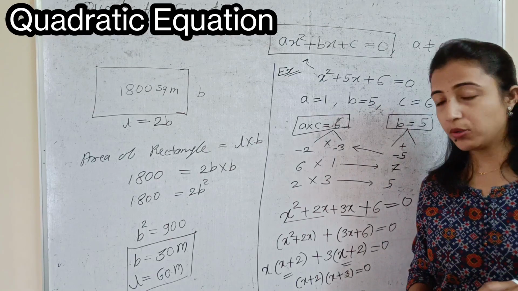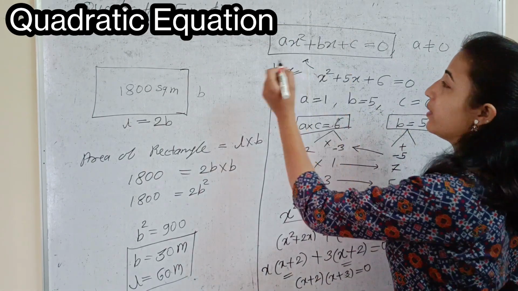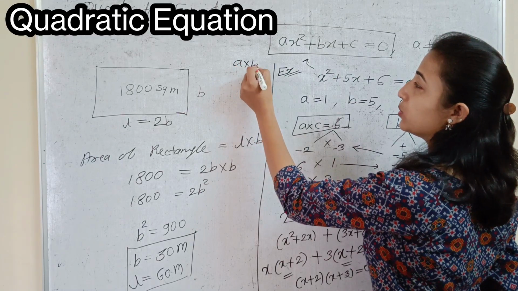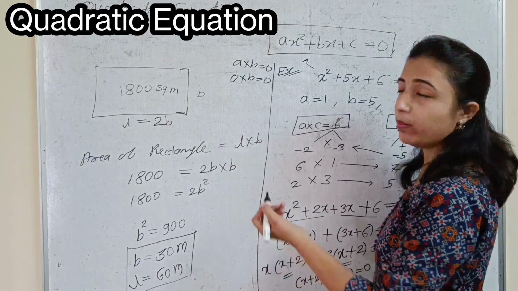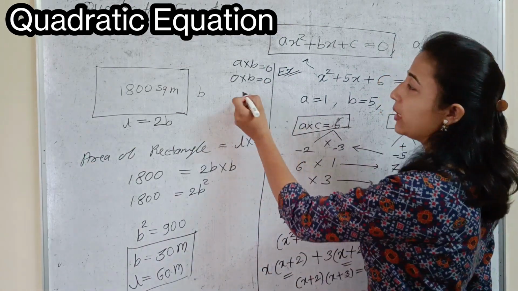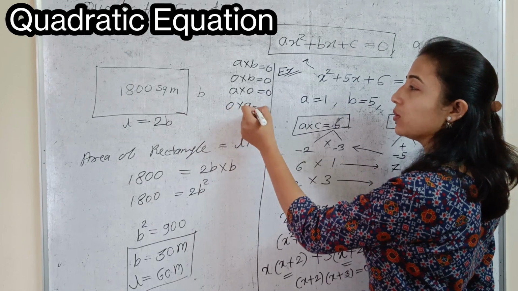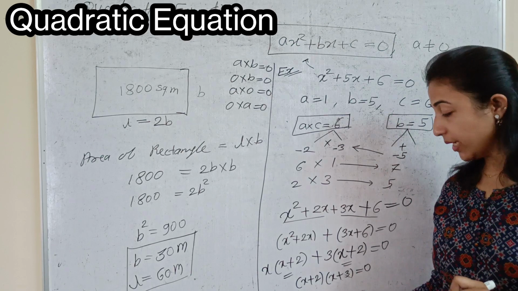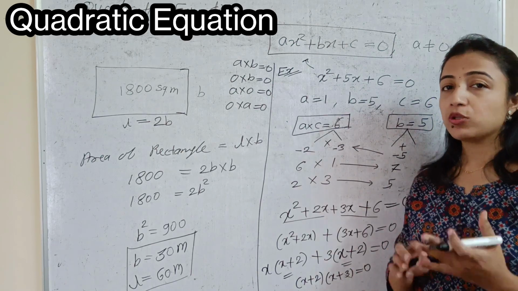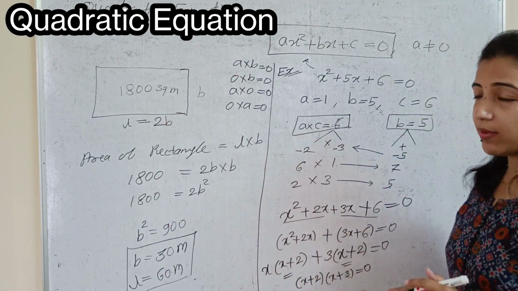When the product of two terms equals 0, either the first term is 0 or the second term is 0, because when we write a into b equals 0, either a is 0 and we still get the product 0 because 0 into any number is 0, or b is 0, or both are 0. So using that situation, we equate each factor to 0.